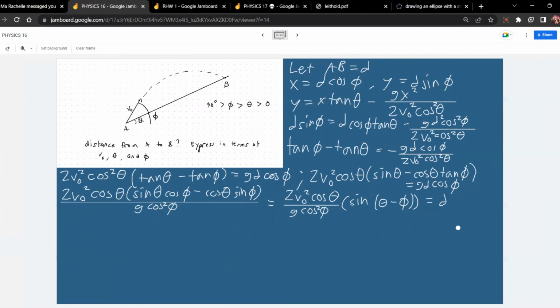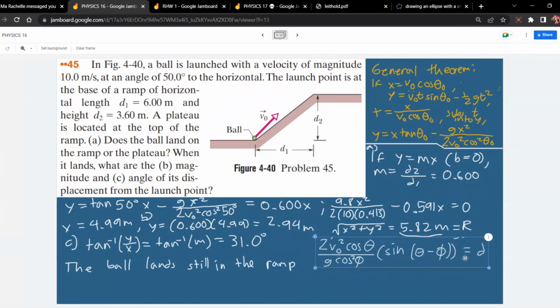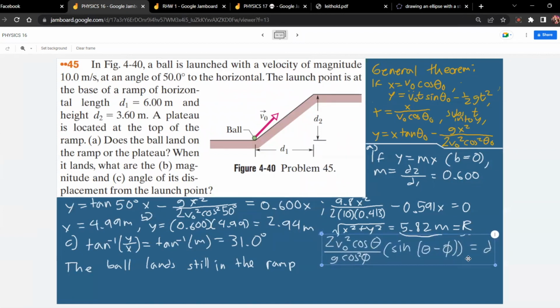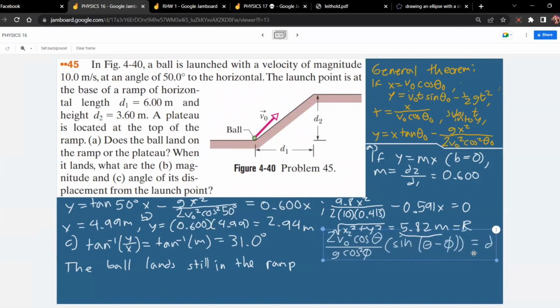And then phi is going to be, so given natin, 50 degrees. So D sub 2 over D sub 1 is equal to 3.6 over 6. So theta is tangent inverse of 3.6 over 6.